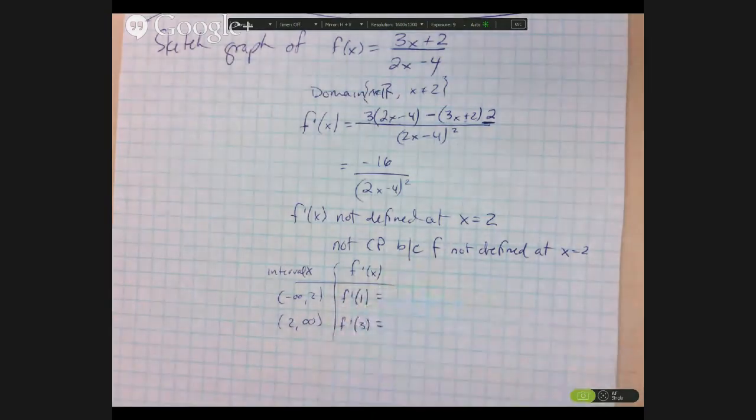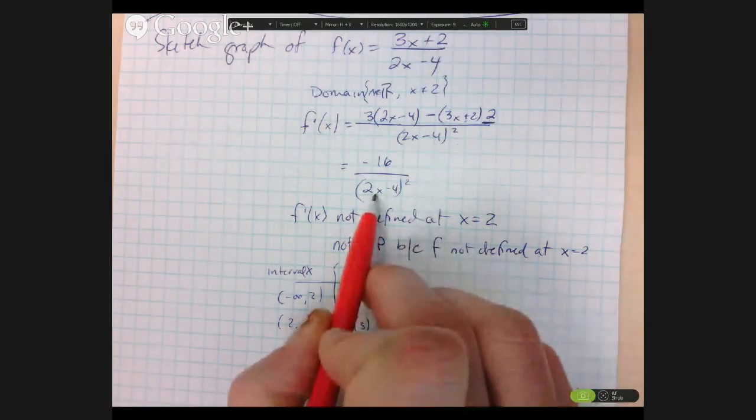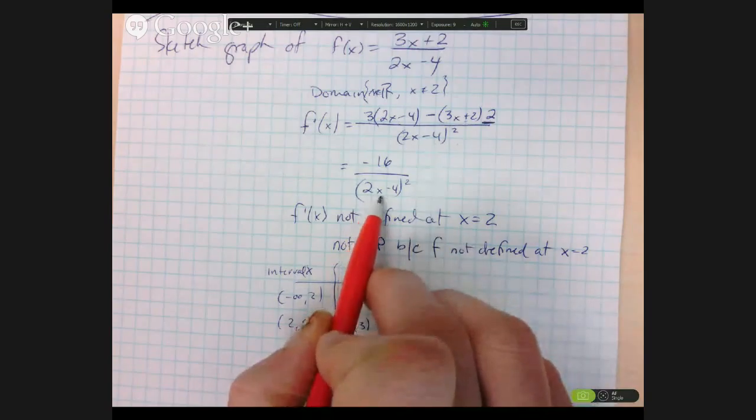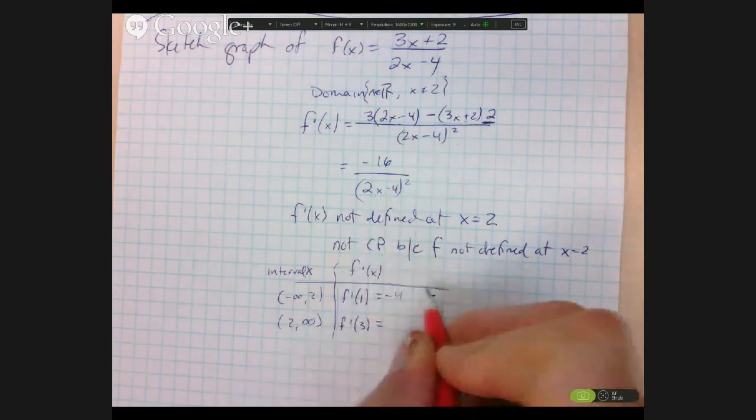What do you get with f prime at 1? Negative 4. If you plug 1 in, you get negative 2 squared, which is 4. Yeah, negative 4, which is negative, right?